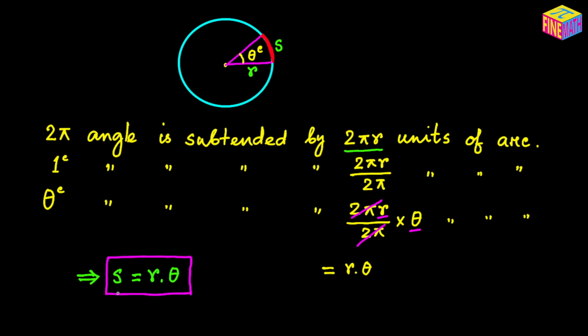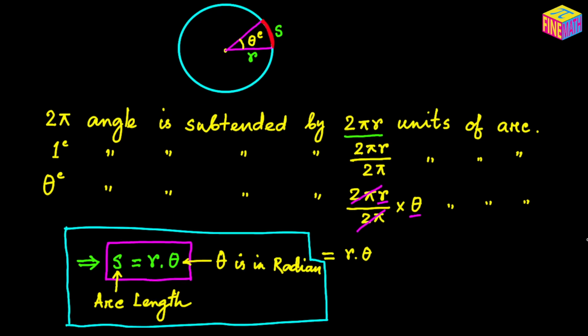So this s is nothing but the length of the arc. Let me write it down here. So that is the formula of the arc length. Arc length is the product of radius times theta, but theta must be in radian, not in degree. So if theta is in radian, then the arc length would be r times theta, where theta is the angle subtended by this arc at the center of a circle, whose radius is r units.